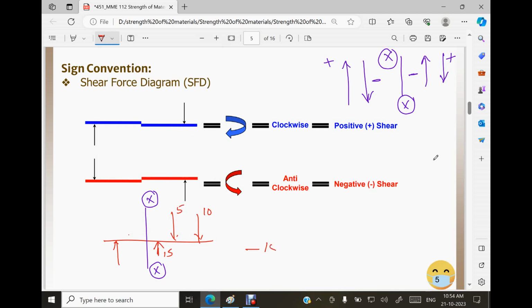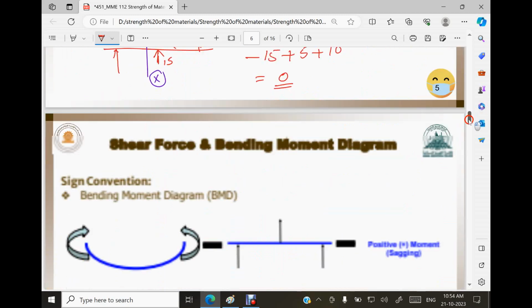Negative, is it not? Minus 15 plus 5 plus 10. This gives me 0, is it not? So shear force at xx will be 0 because addition and subtraction is giving me 0 result. This is the sign convention for shear forces.